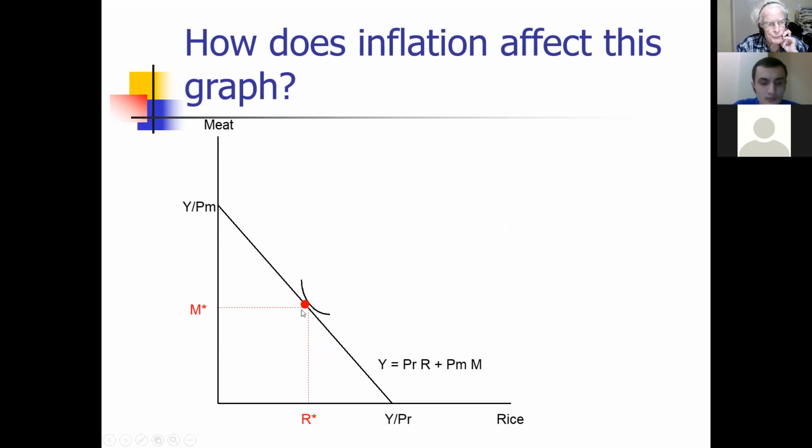There is our original solution: meat in the quantity and rice in the quantity of star. Now, this happens if both prices and income go up by 50%.